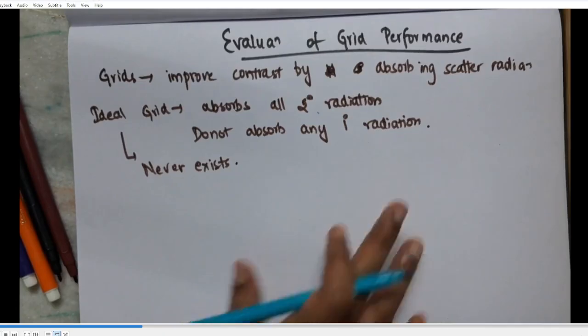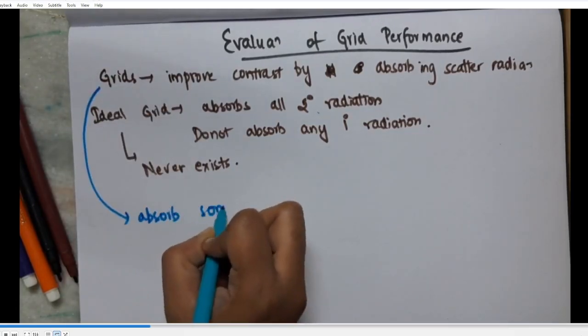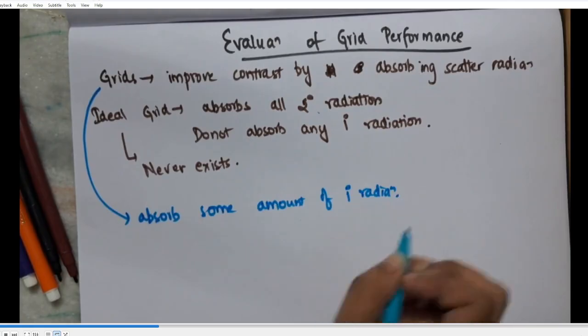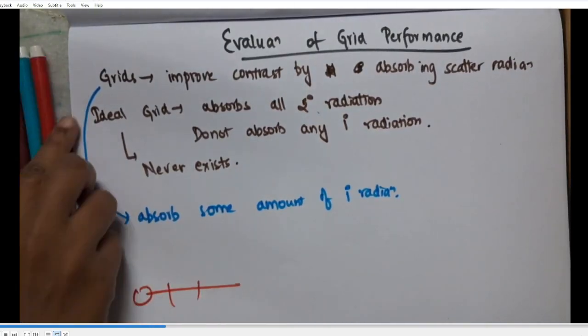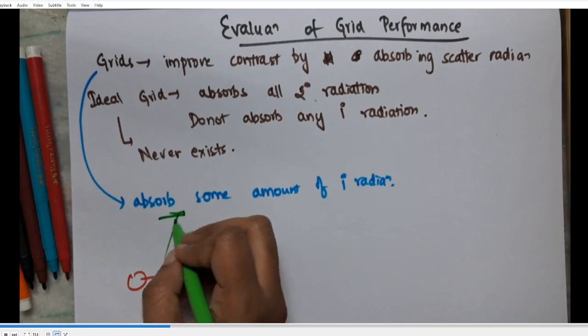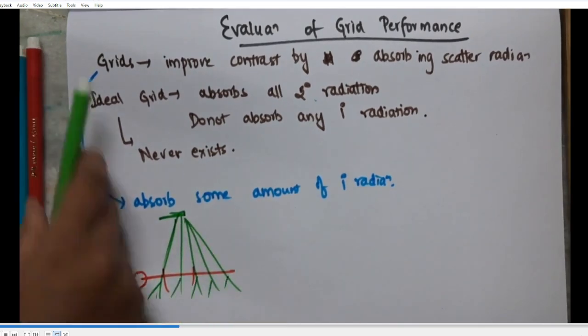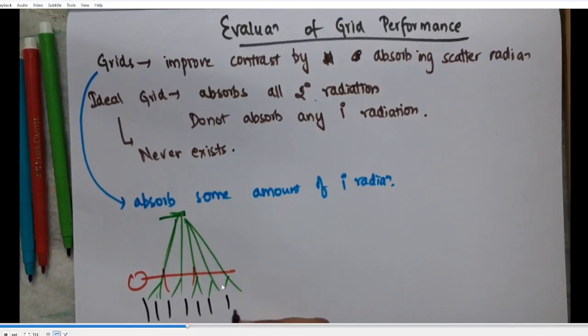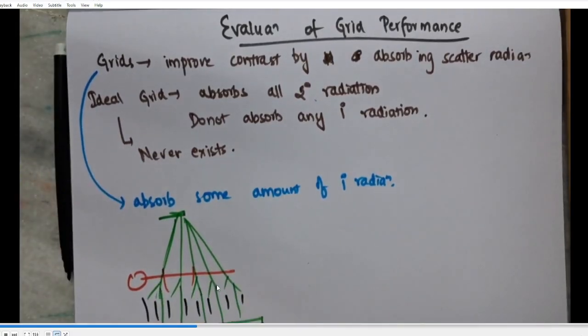But this ideal grid does not exist. All grids absorb some amount of primary radiation. So this is the primary radiation which is absorbed by some of the grids.